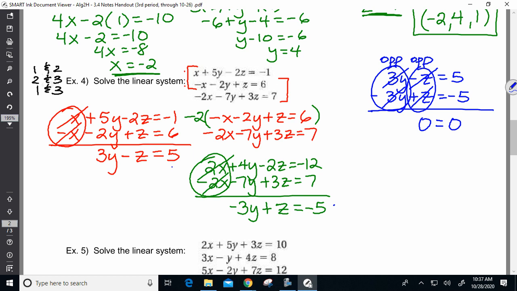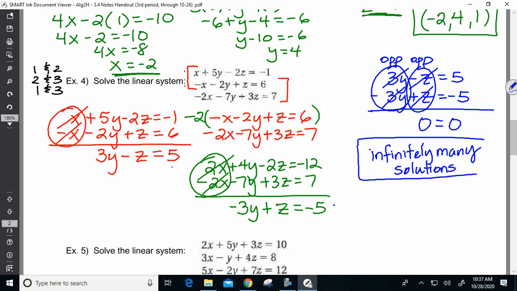So that means your answer is infinitely many solutions. The answer is infinitely many solutions. So if you thought that answer doesn't exist, well, you're wrong. It does exist, and it can happen.